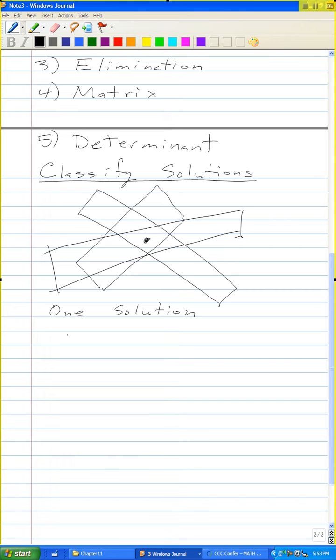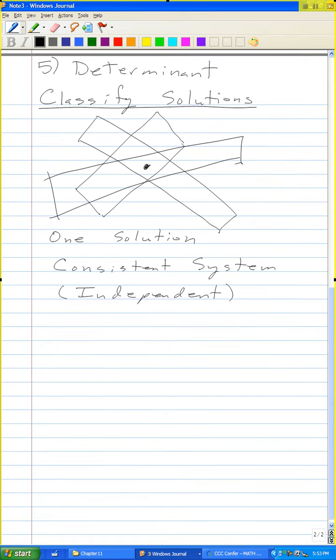And so this is called a consistent system. Again, it's also independent. But usually I don't say that. I just say that this is the case of a consistent system.